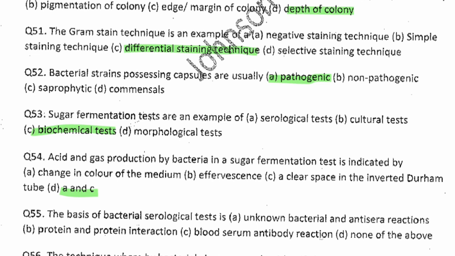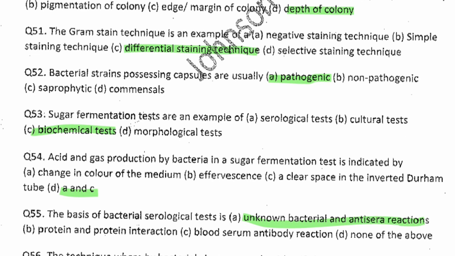Protein and protein interaction, blood serum antibody reaction, and none of the above. The most correct answer here is unknown bacteria and anticellular reaction. You don't know the bacteria, so you study the reaction with anticellular and added antibody. We move on to the next question.